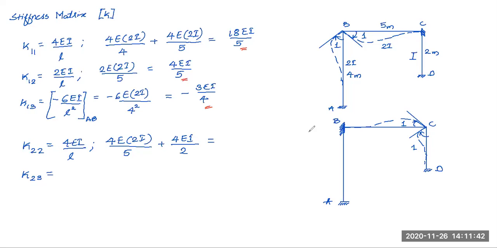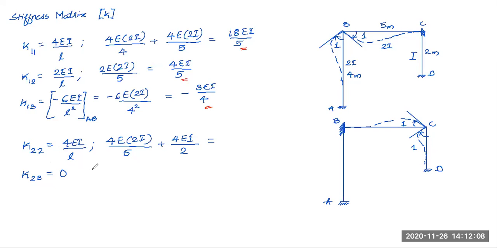So if I take this third coordinate, this comes out to be 0. Okay, the force in the third coordinate due to unit rotation in second coordinate. I'm not getting any force at joint B where my third coordinate was there. There will not be any force in horizontal direction over here at joint B. So for that purpose, K23 will be 0.